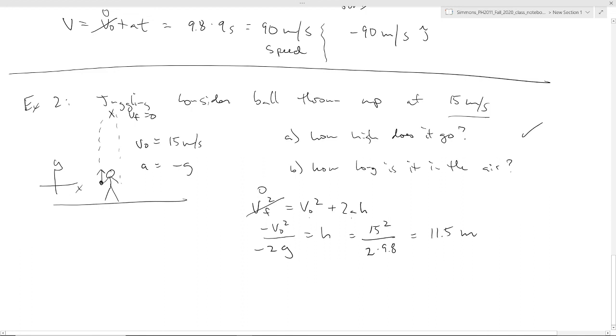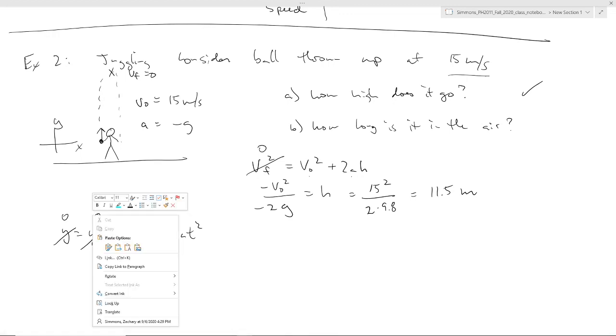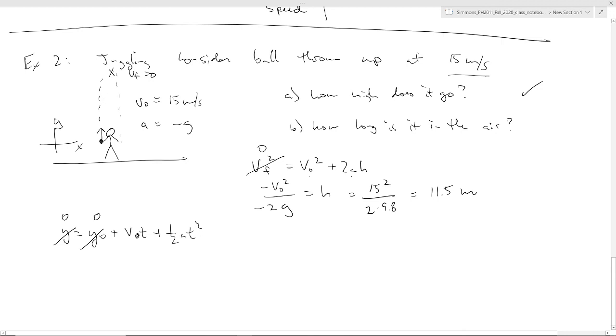And then for part B, how long is it in the air? Well, there's different ways we could go about this. We could use our y equals y naught plus v naught t plus 1/2 a t squared. Now notice in this case, the initial height and the final height, because I put the y equals 0 coordinate system at that plane, those are both going to be 0. And notice this has actually two solutions.